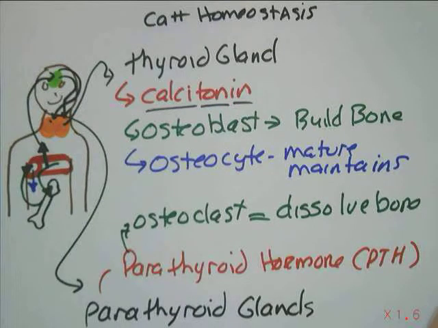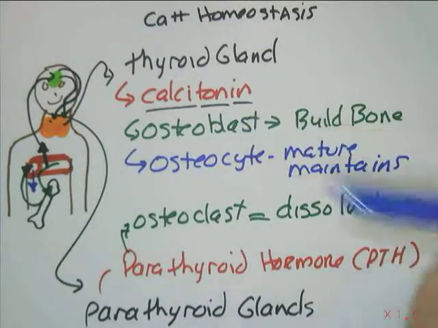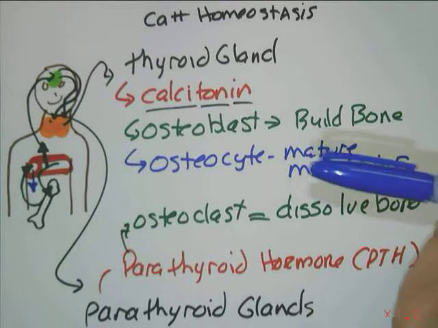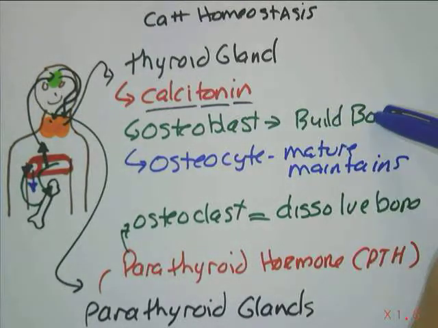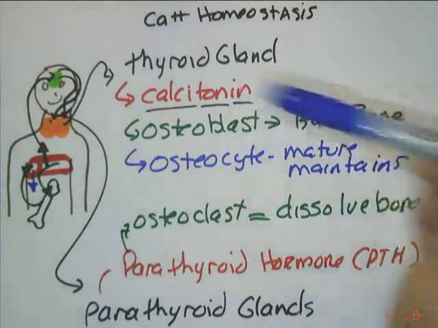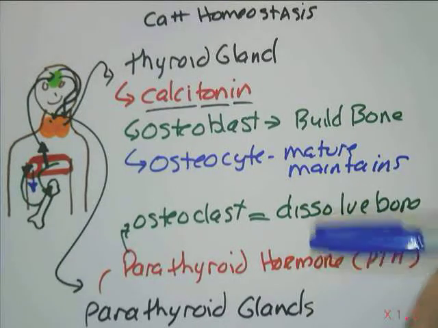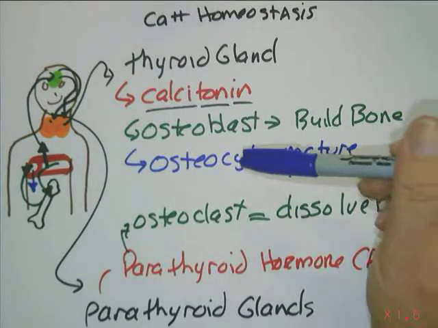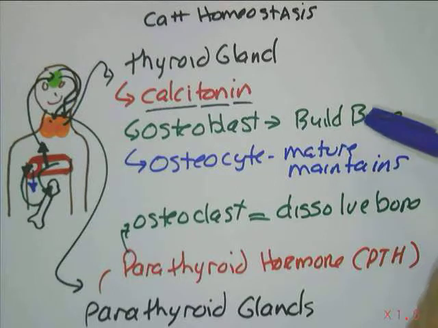The cell that calcitonin affects is the osteoblast. The function of the osteoblast is to build bone tissue. So calcitonin lowers the level of calcium in the blood by activating osteoblasts, which build bone tissue. Bone being built pulls calcium from the blood and brings it back to homeostasis.